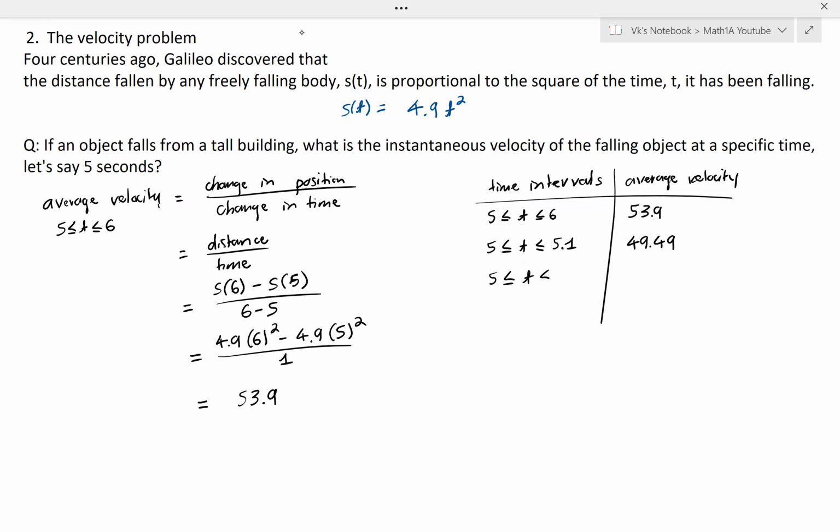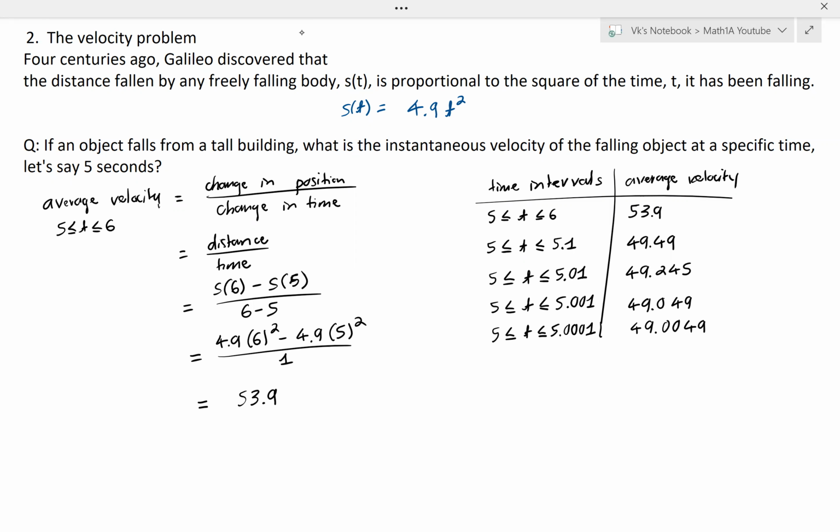Between 5 and 5.01, we get 49.245. Between 5 and 5.001, 49.0245. Between 5 and 5.0001, we get 49.0049.